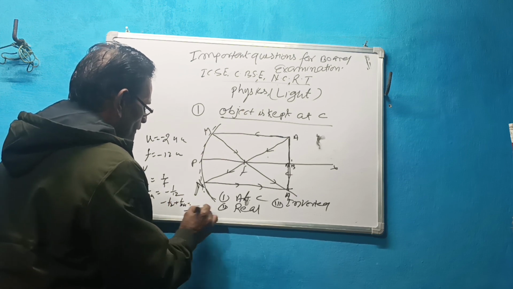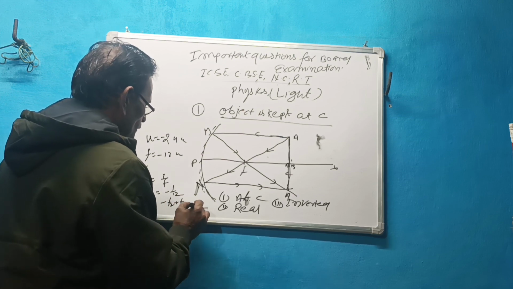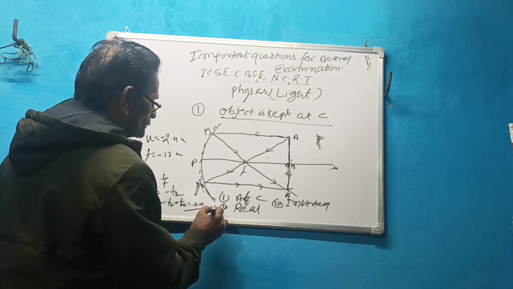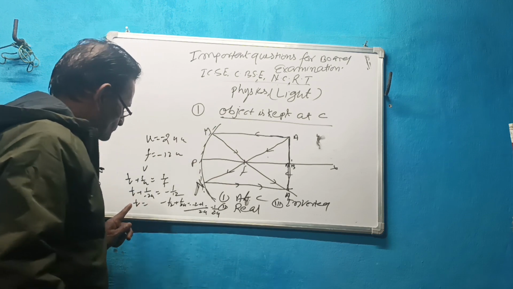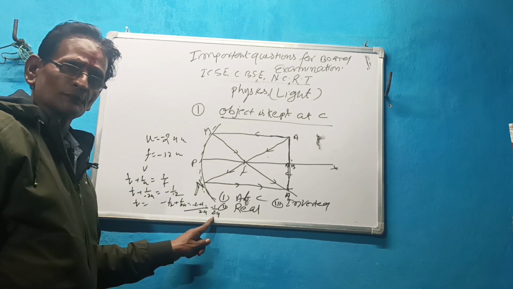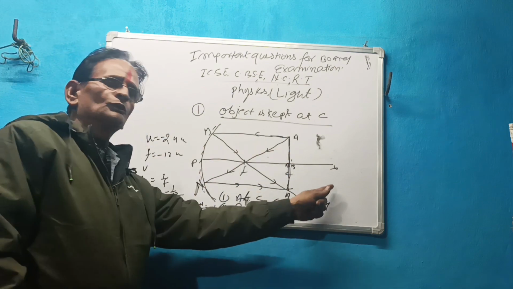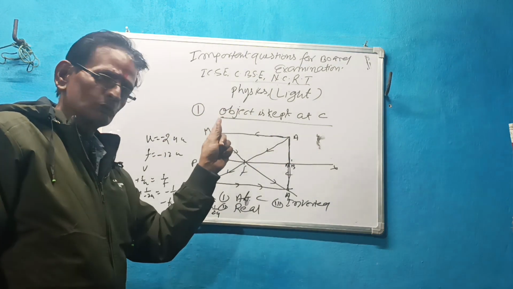The LCM will be 24, so minus 2 plus 1 is equal to minus 1 by 24. Therefore, V is equal to minus 24 centimeter. It is correct also: U is equal to 24, V is equal to 24. It will be accurate, right?